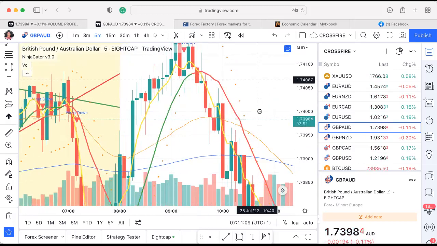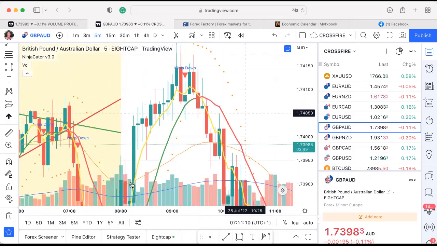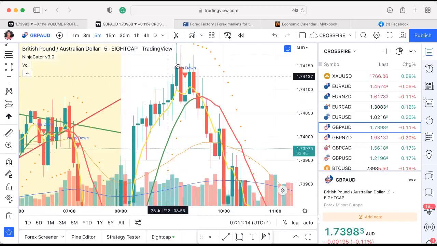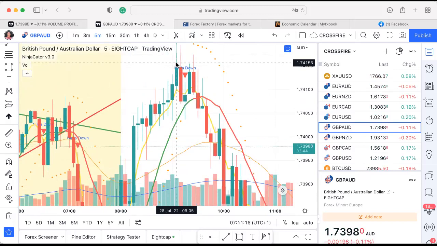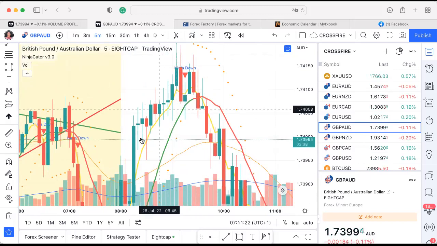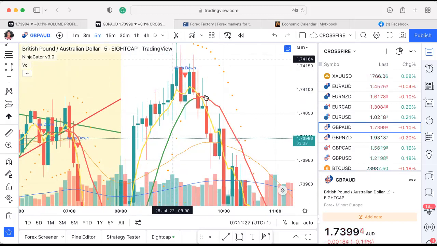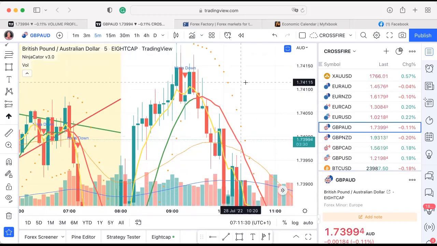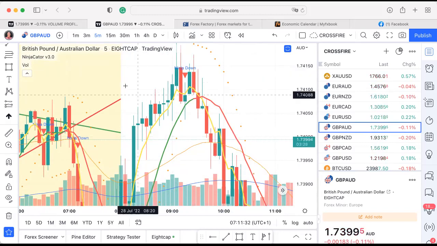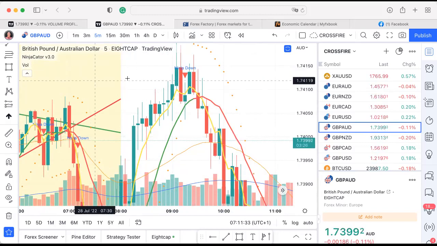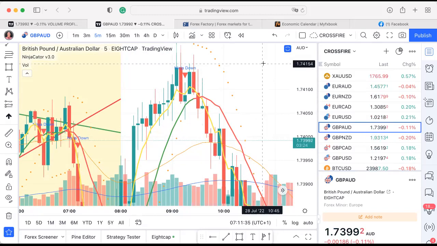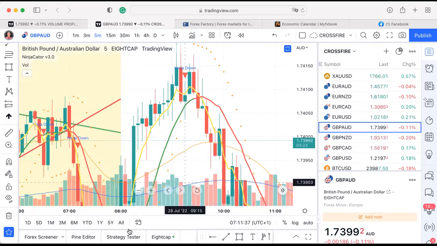It went even further. So you could have taken a lot of pips out of that, but that's outside of the scope of the Crossfire strategy. That's you trading on your own kind of thing. But there's nothing wrong with taking that trade. It's a massive move, providing you got out before it started to go back down again. But the guidelines of the Crossfire strategy say we're interested between 6 and 8, and after that you're on your own kind of thing.